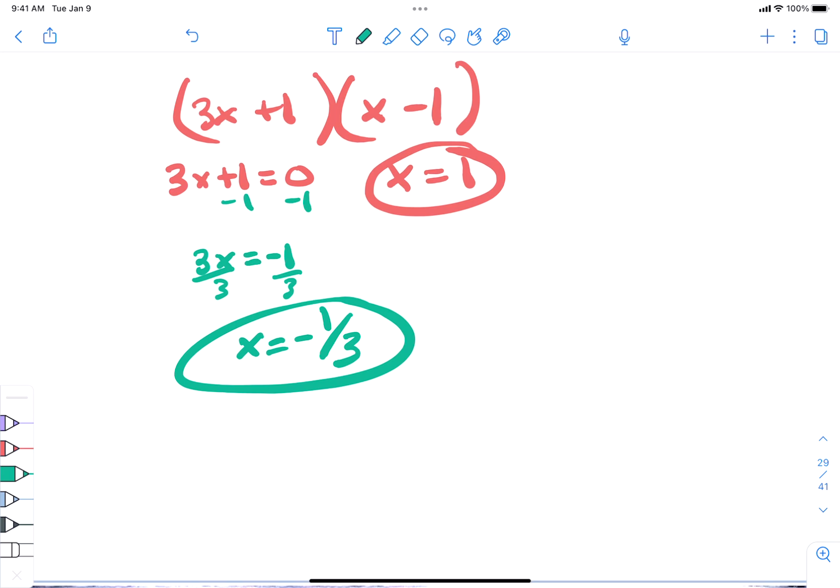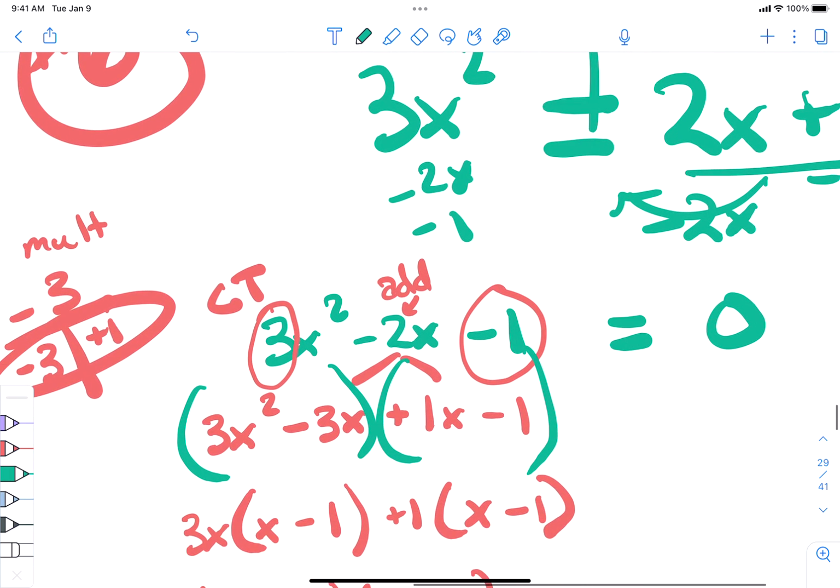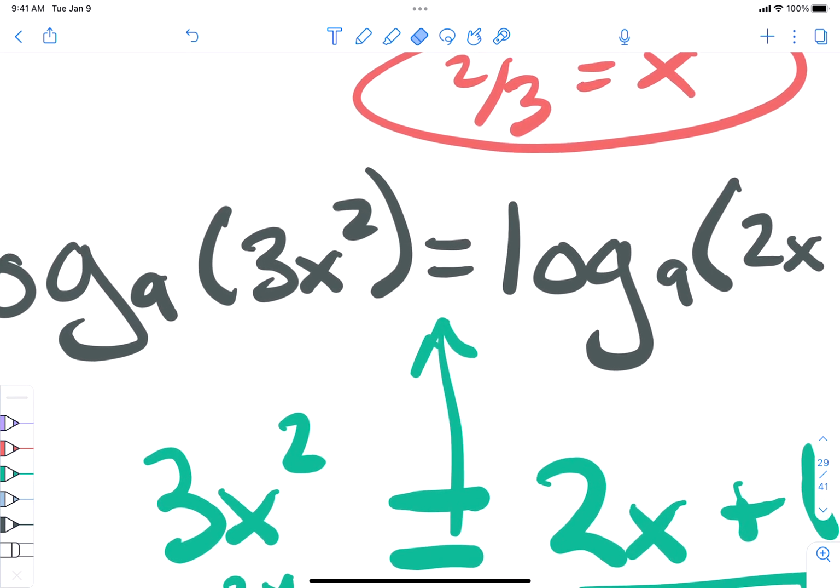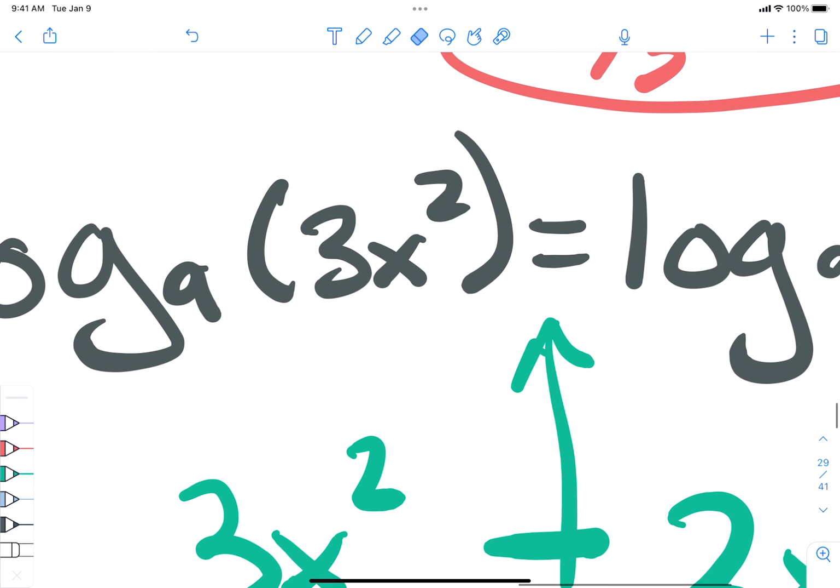And most of the time, when we plug in, we can't take log of a negative number, ever. But here's the deal. This is the exception to the rule. If I plug negative 1/3 into the original function, and I square it, it's going to be a positive number.